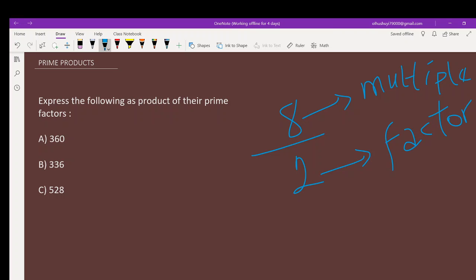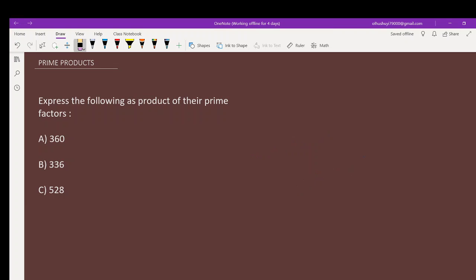So we have the factor being the divisor of the multiple. Then later, I think in my next video, I'll talk about factors and multiples when we deal with the lowest common factor.